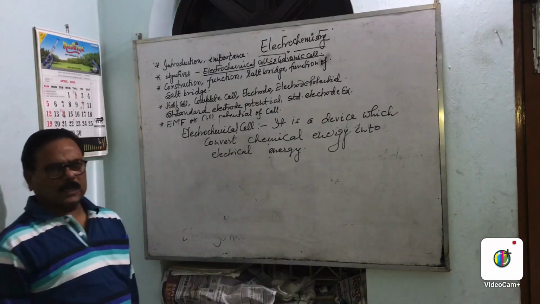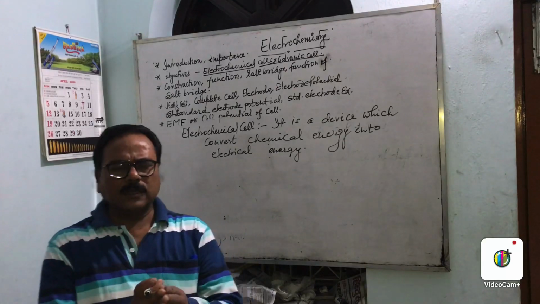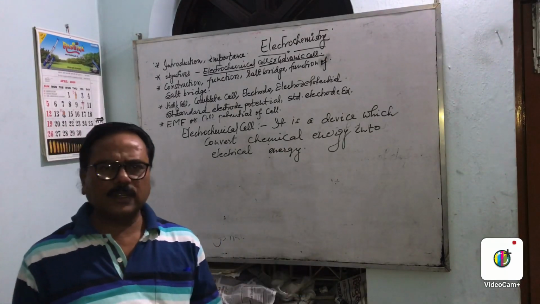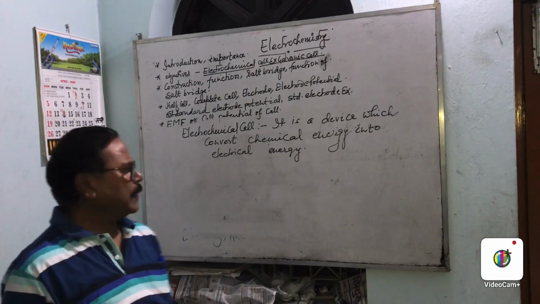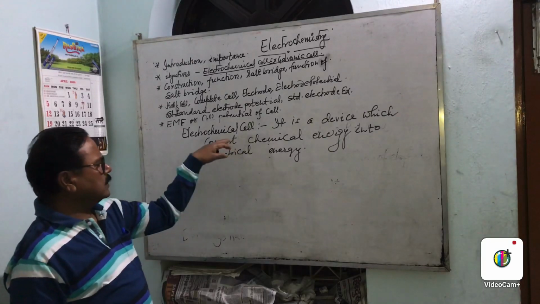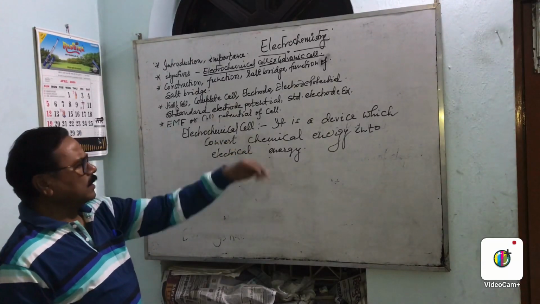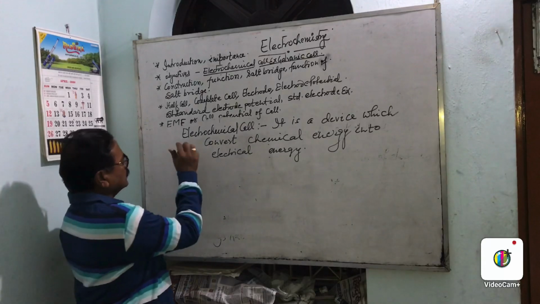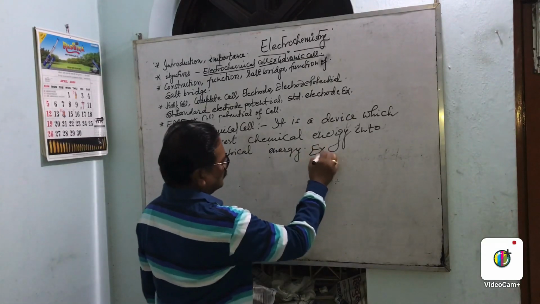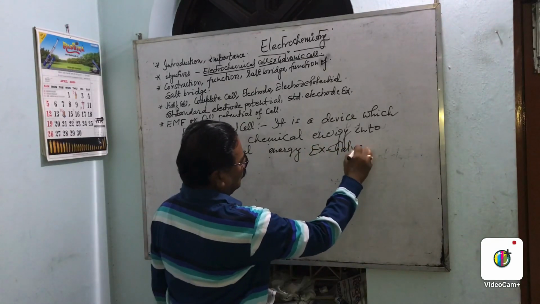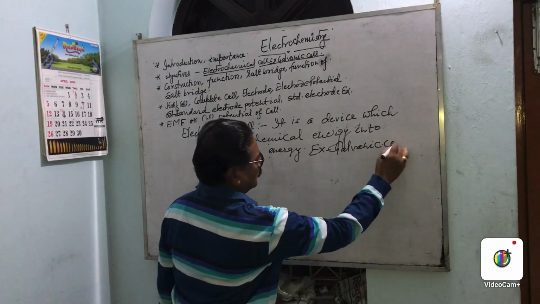In such a cell, the redox reaction takes place in two different compartments, right? As a result of the redox reaction, it will give the energy, and the example is the galvanic cell.